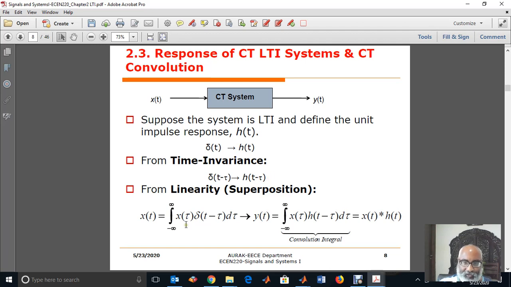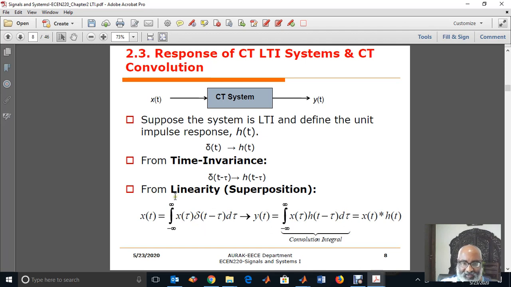We can now combine the linearity and the time invariance property. If I give x tau Dirac t minus tau, then the output will be x tau h of t minus tau, due to the scaling property of linearity.